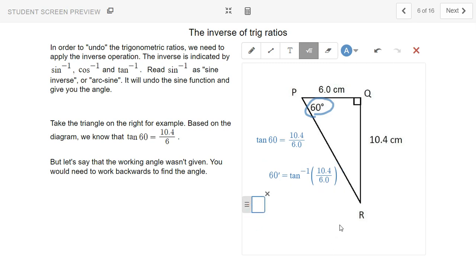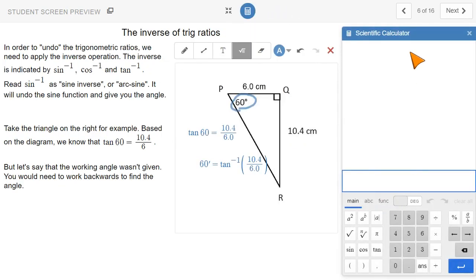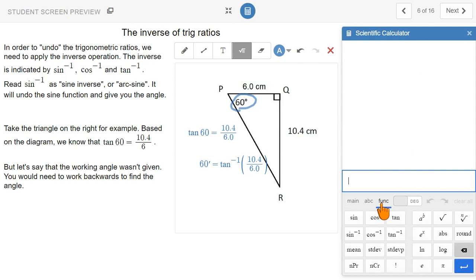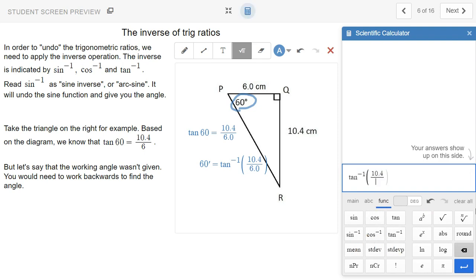In your calculator function, if you are using a scientific calculator like the Desmos one, you can go into function and you'll automatically have the sine, cosine, and tan inverse buttons. If you are using a phone calculator, you will probably have a button that says second or INV for inverse.